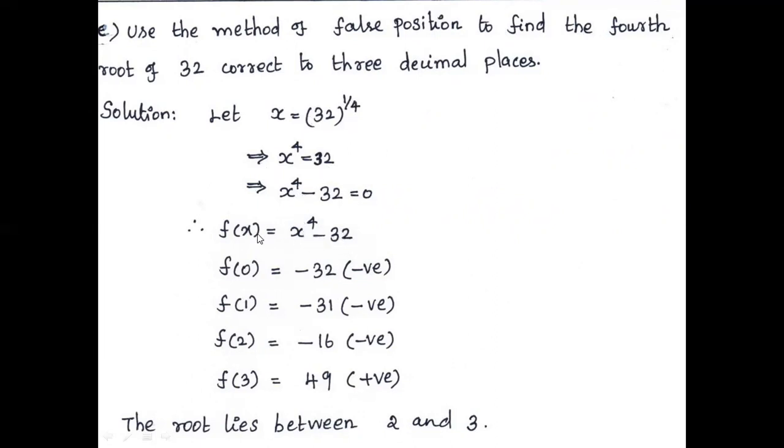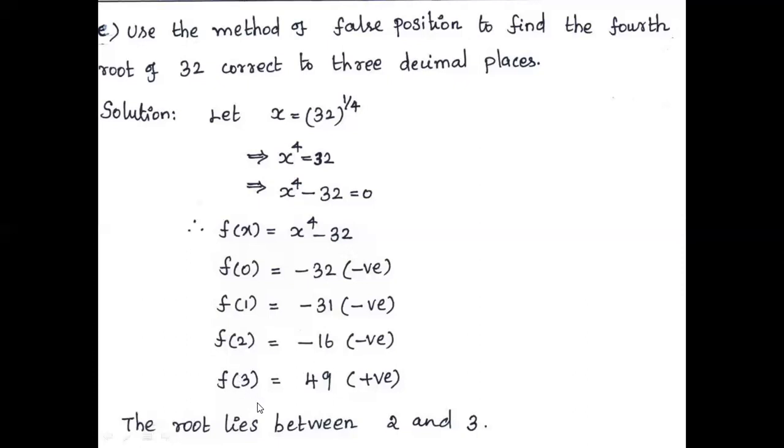Give the values for x randomly, so that one value must be positive and another negative, or vice versa. Putting 0, we get a negative. Putting 1, we get a negative. 2, we are getting a negative. For 3, we got a positive. So the previous negative value is for x is equal to 2.